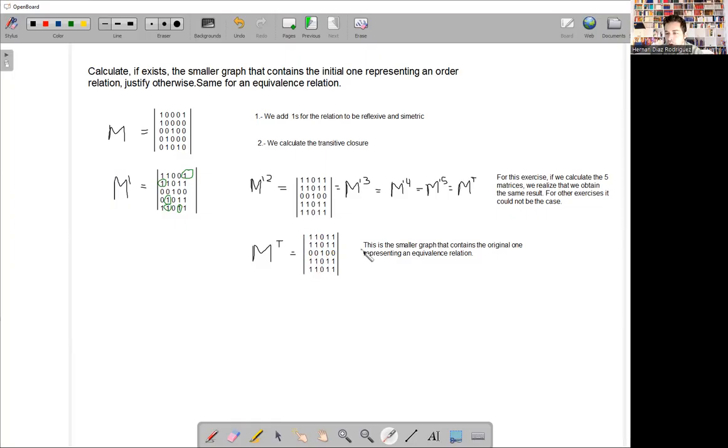So this is the smaller one that contains the original one, representing the equivalence relation. For the previous question, it was not possible to calculate the one containing the original representing an order relation. But for the equivalence relation, as you see, it's possible. We just need to make it reflexive, symmetric, and transitive.